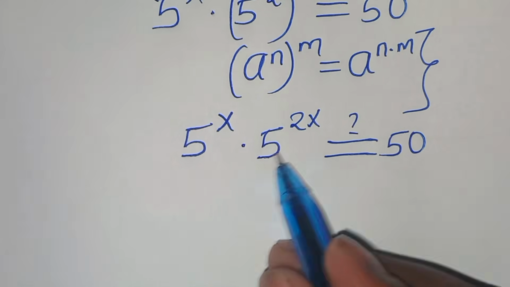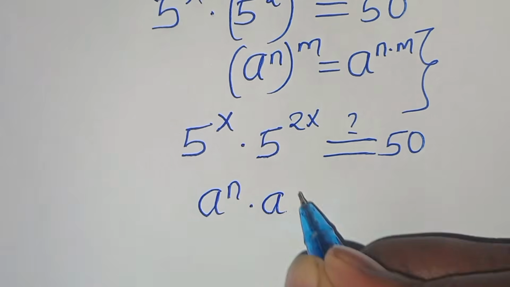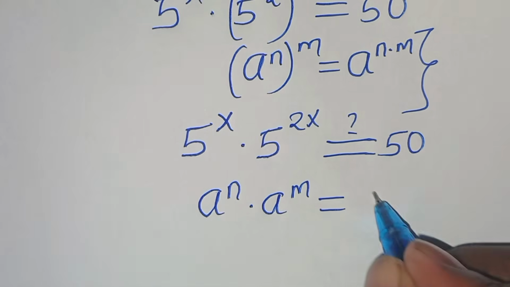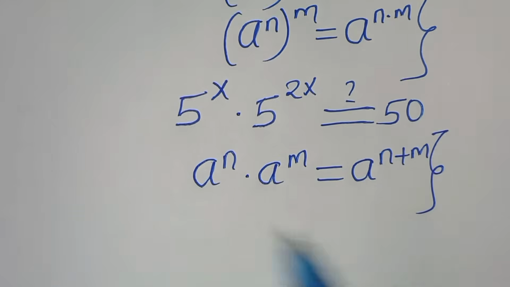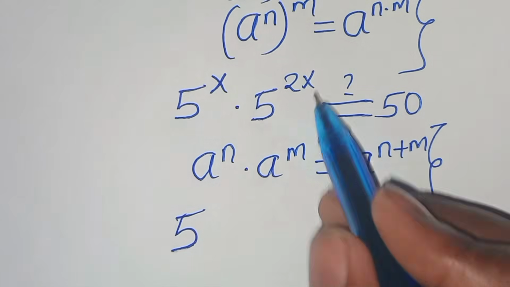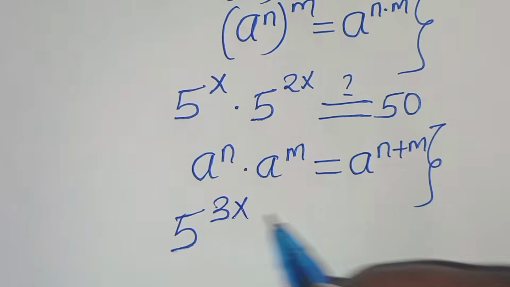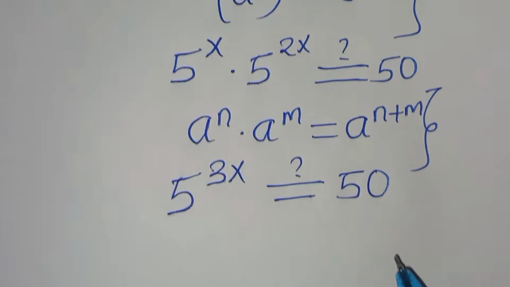Now, this is in the form of a to the power of n times a to the power of m, which can be expressed as a to the power of n plus m. Applying this exponent property, then we have 5 to the power of x plus 2x. This is 3x. This is supposed to give us a value of 50.